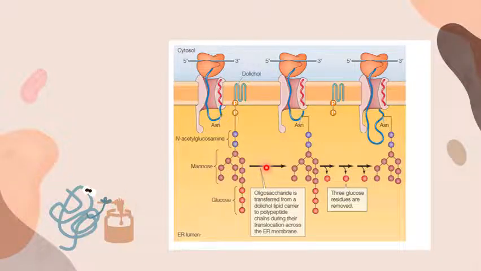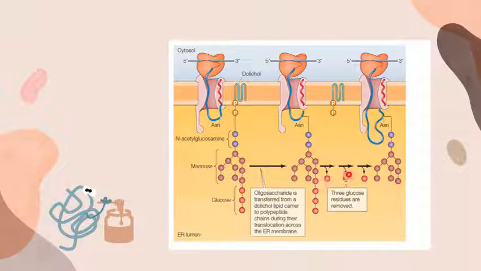As you can see here, once it enters the ER lumen, the protein will be glycosylated by the addition of 14 sugar oligosaccharides to the acceptor asparagine residue, as you see the green dot.